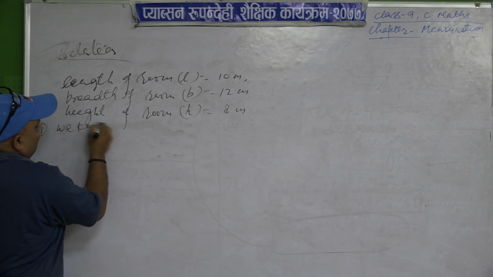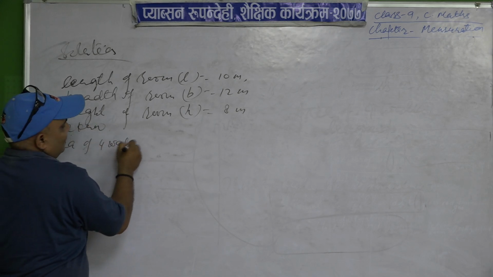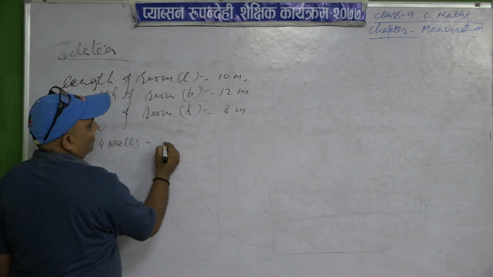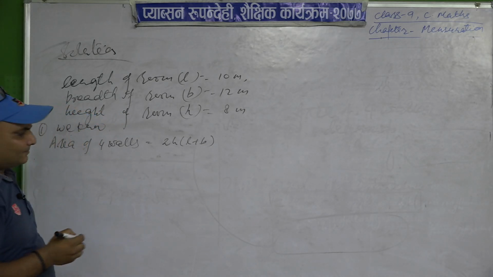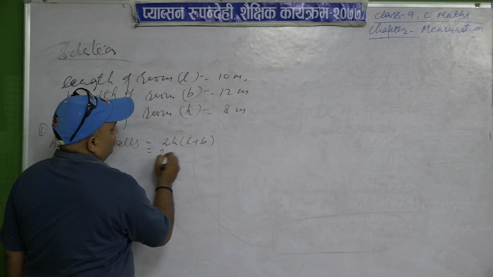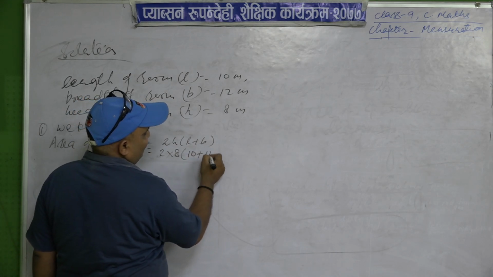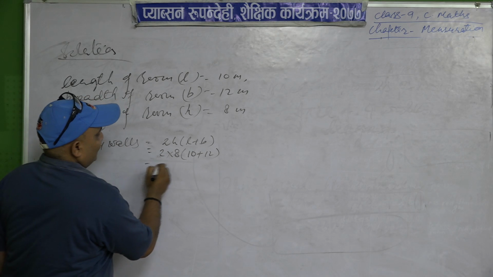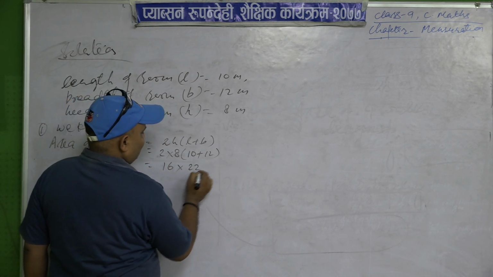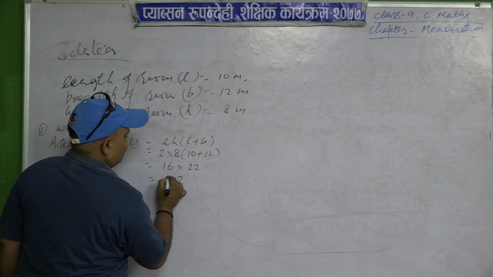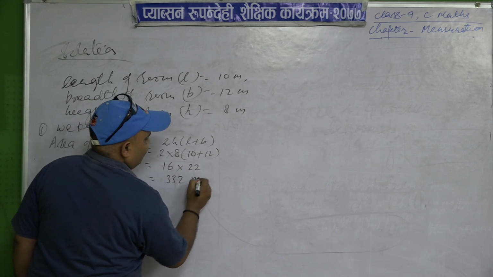We know area of 4 walls is equal to 2H(L plus B). Okay, now put the value. 2 into H we have 8, L means 10, B means 12. 16 into 22, 352 meter square.